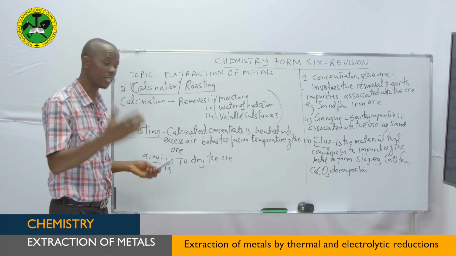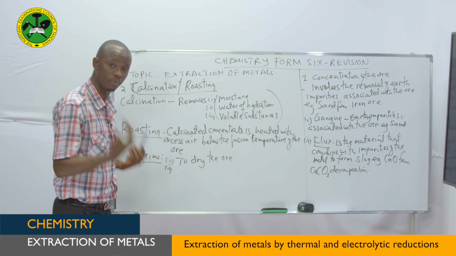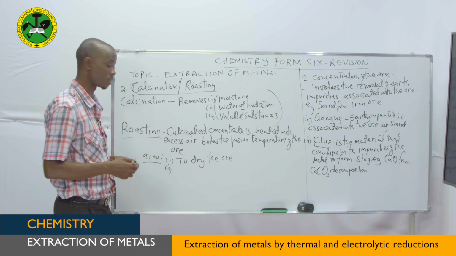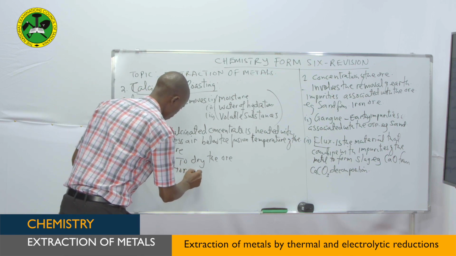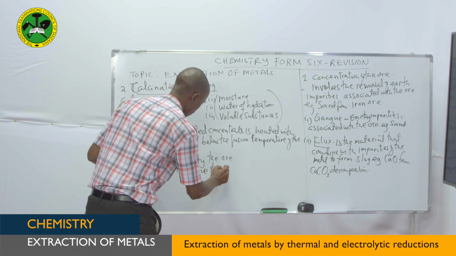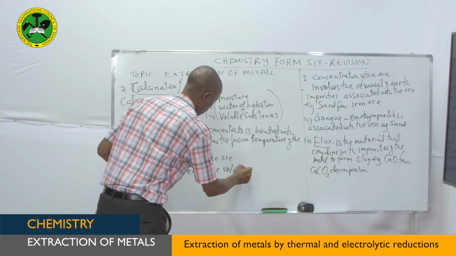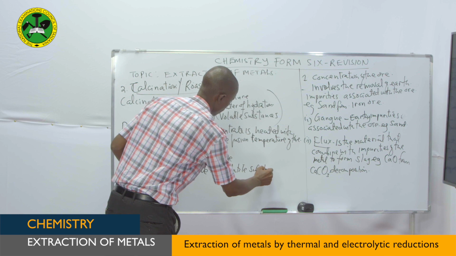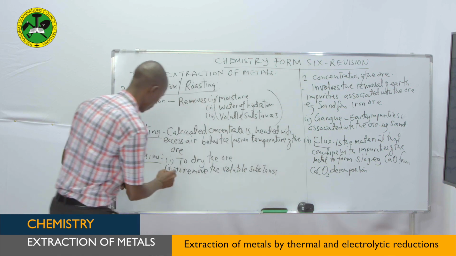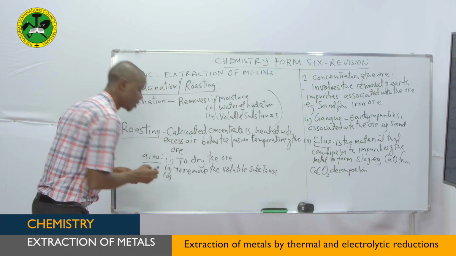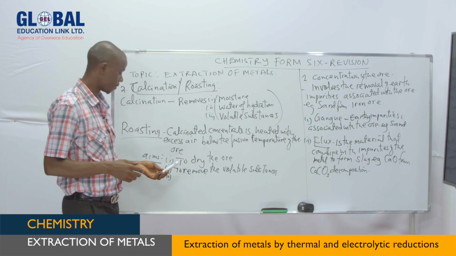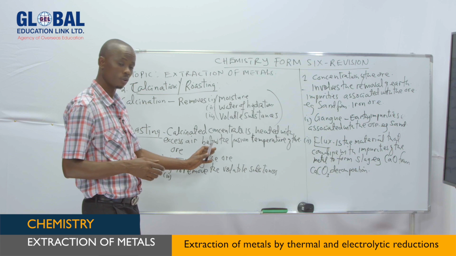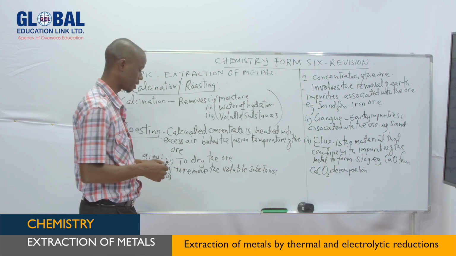Also, if the volatile substances are still present, they are removed by this process. But the third one is to transform the metal ore into the oxide.